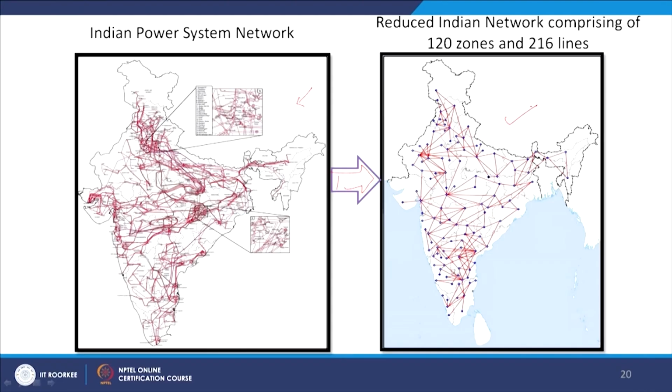Basically, each and every zone has been squeezed to a single node based on certain algorithms, and now my all India system is represented by 216 lines and 120 buses. So, it is easy for me to simulate a 120 bus all India network instead of going for 6,000 buses at large.